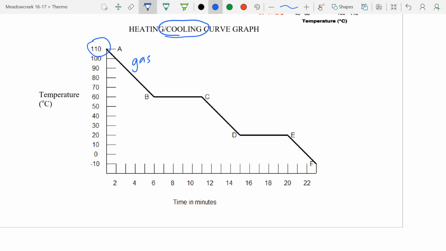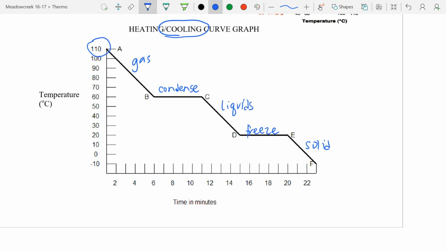Now as the gases start to cool down, they will slowly begin to condense. And when they are completely condensed, they turn into liquids. And as liquids continue to cool down, they start to freeze, and then they freeze and become a solid.